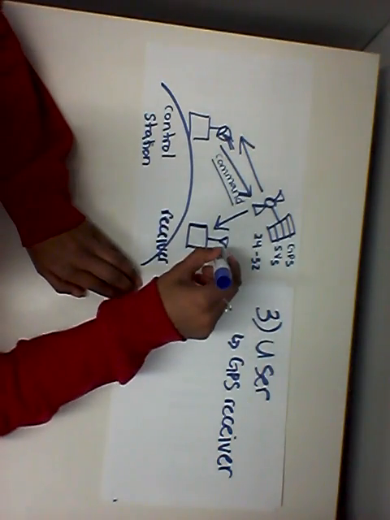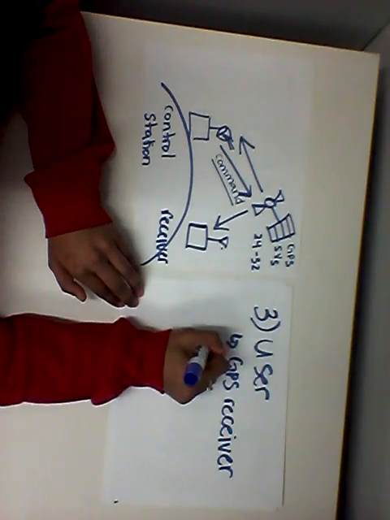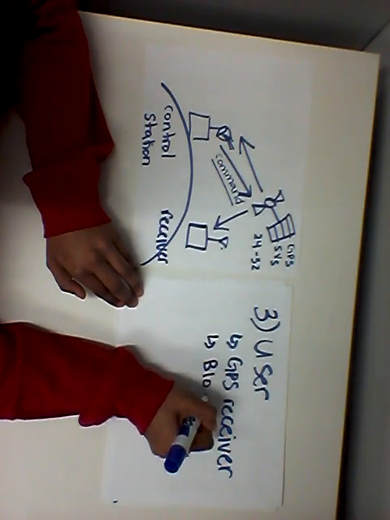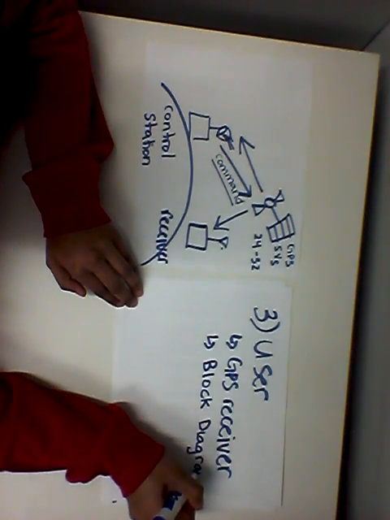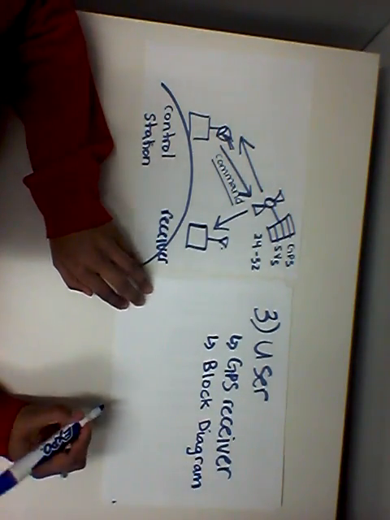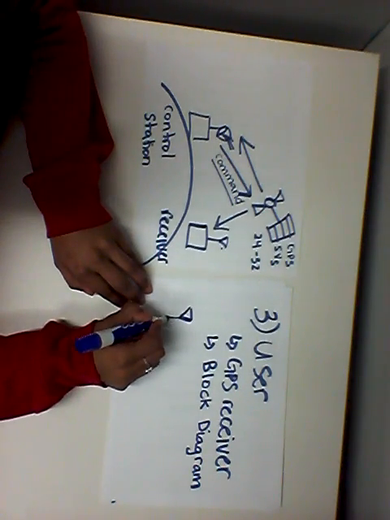How this information is processed in the receiver is called a block diagram. So I'm going to show you a simplified version of the block diagram where we have information sent to the antenna.